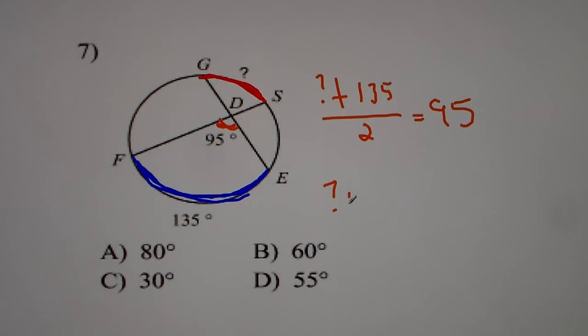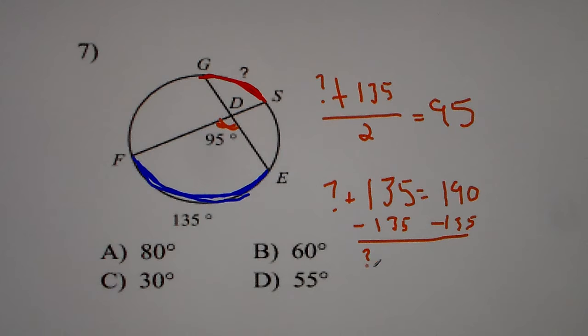So you get question mark plus 135. 95 times 2 is 190. So we subtract 135 from both sides. 190 minus 135 gets you 55. So 7 is D.